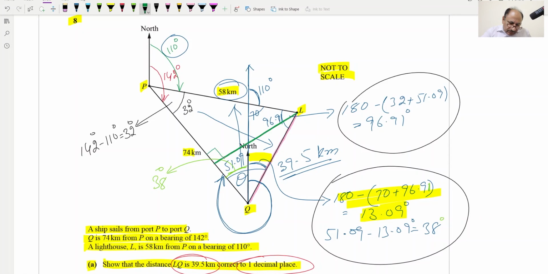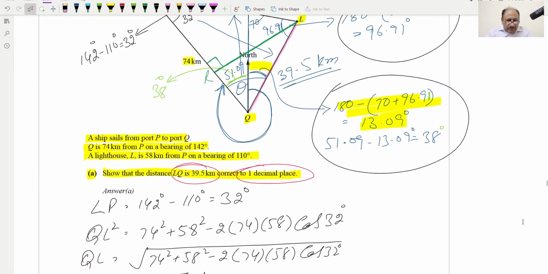Now this is a right angle triangle, and we can take this point as R. So in triangle PLR, we need to find RL, which is the shortest distance. RL will be opposite over hypotenuse, which is PL, and the angle will be 32. So we can write RL over PL equals sine of 32.